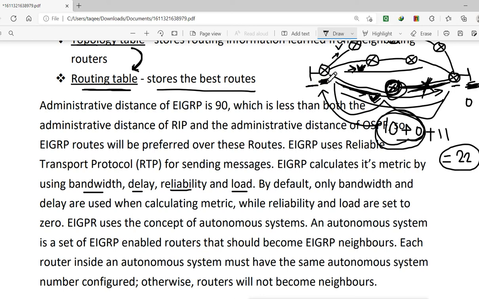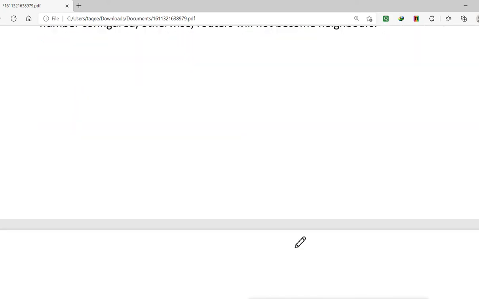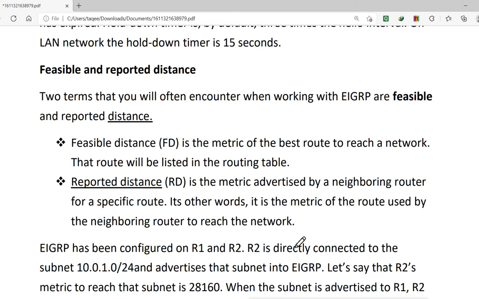This is the feasible distance to reach this network for this router, and this is the reported distance. So very simple: reported distance is reported by the neighbor router, and the feasible distance is the total distance needed to reach the destination.